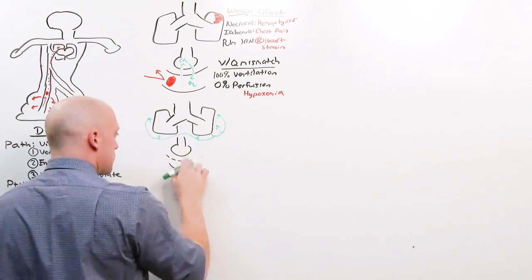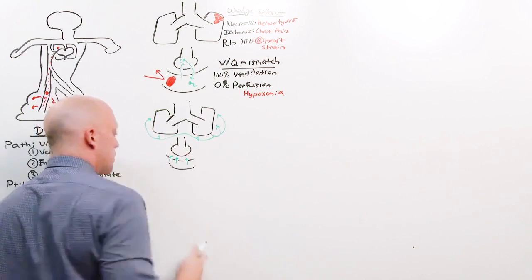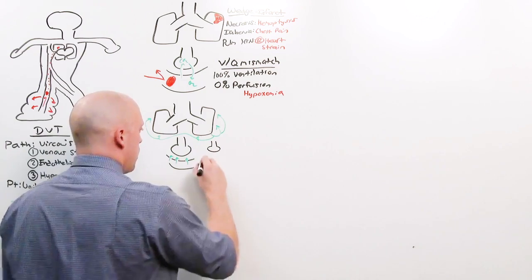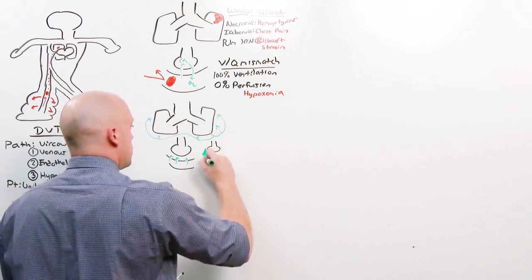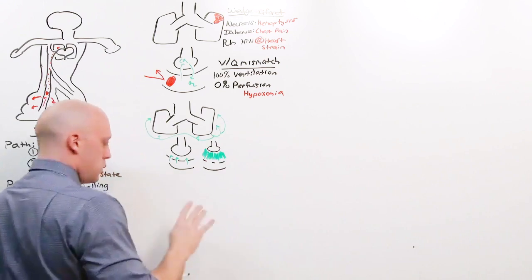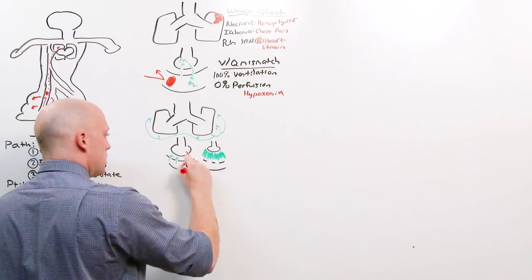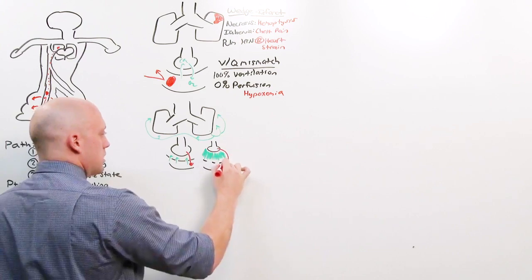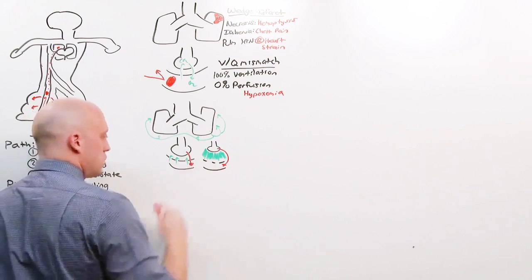Effectively, this causes vasodilation and allows fluid to leak out, which causes a larger diffusion barrier for oxygen. Now, without getting into too much physiology, you can feel that oxygen traveling this distance is easier than traveling this distance. With a bigger diffusion barrier, less oxygen gets in.